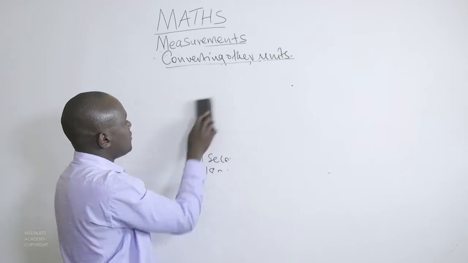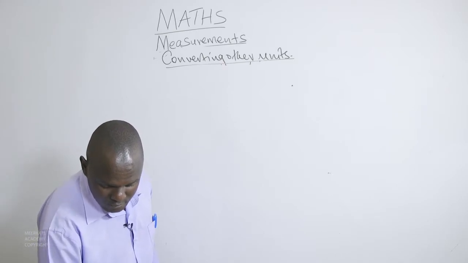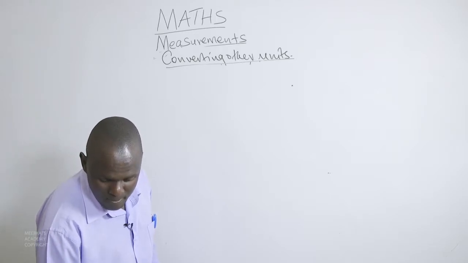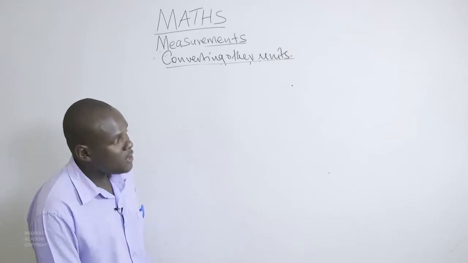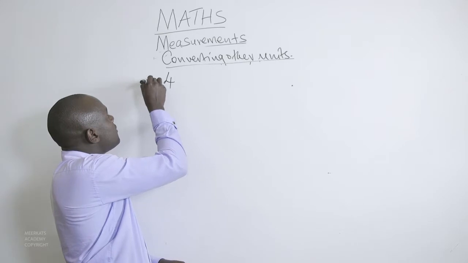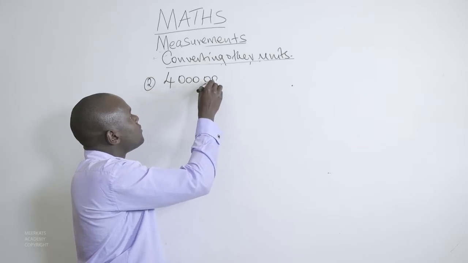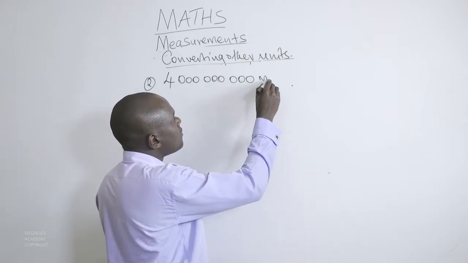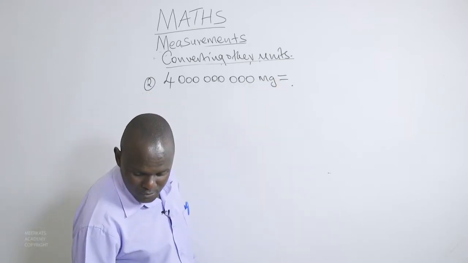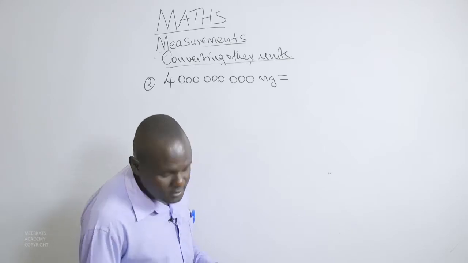In example number 2, we convert this figure, 4 giga milligrams, to tons.